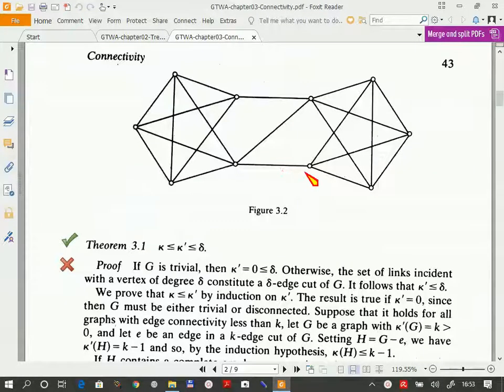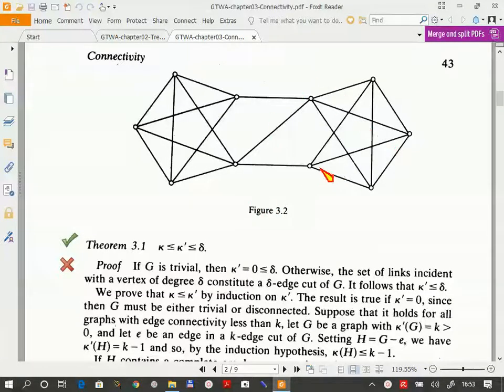Whereas small delta is 4. Of course, if you delete these 4 edges, you leave that vertex isolated, and so you disconnect the graph. But in this case, there is the possibility of deleting even less, so 3. And so you have kappa equal to 2, kappa prime equal to 3, and small delta equal to 4.